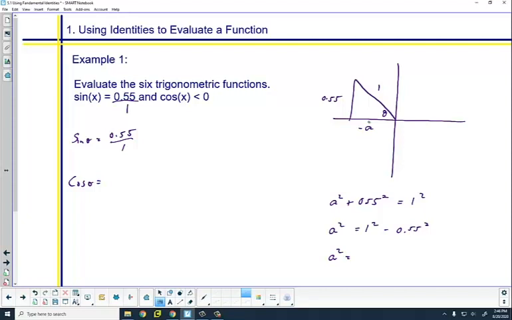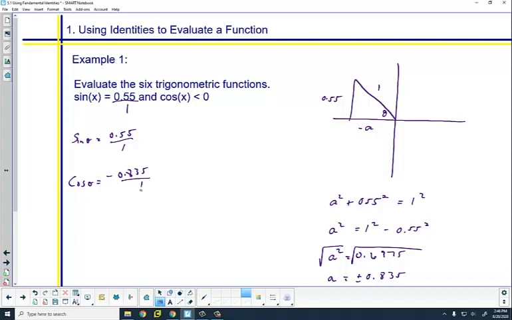You are going to do the math just fine, but when it comes to doing the right sign, plus or minus, you get tripped up. So 1 minus 0.55 squared gets us 0.6975. Now this is a squared. We want just a. So taking the square root of that, we get plus or minus 0.835. And we're going to use the negative.